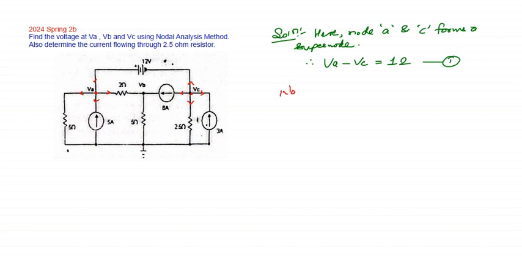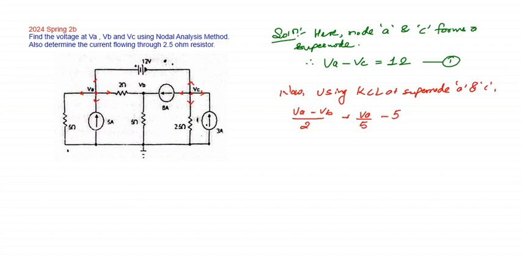Now, using KCL at supernode A and C, we get (VA minus VB) divided by 2, plus VA by 5, minus 5, plus VC by 2.5, minus 3, and there is a plus 8 ampere current moving towards the VB, equals 0.